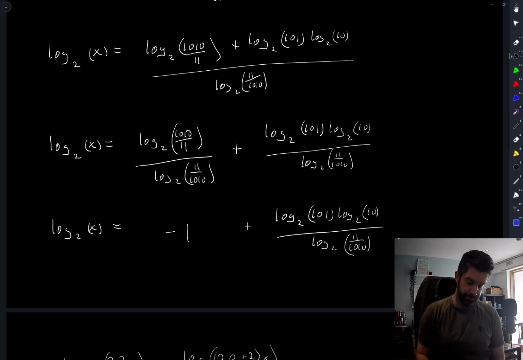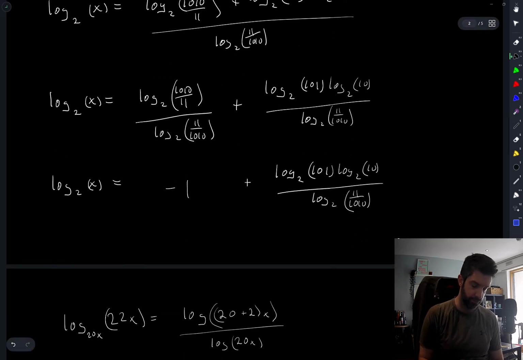I'm not really sure here. I feel like I'm running in circles and running into dead ends. I think I've written down about as simplified a form for log of x as possible.